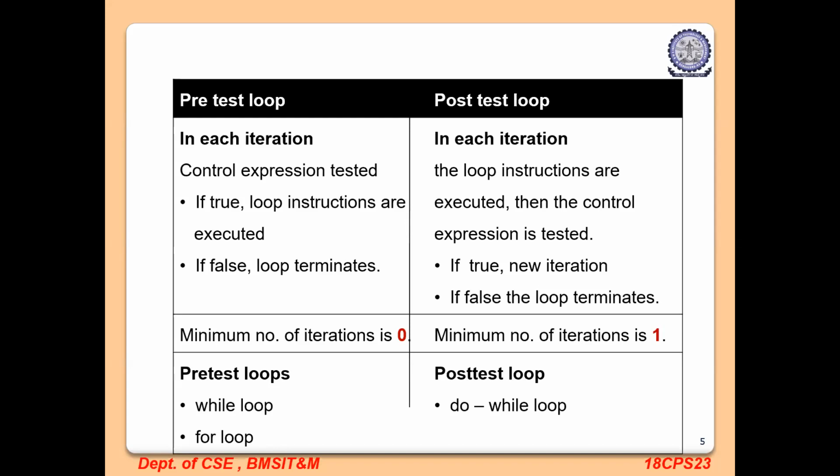If the control expression evaluates to false the first time, then it will not execute the statements even once. That is why we say the minimum number of iterations that a pre-test loop performs is 0. Examples of pre-test loops are while and for, whereas the post-test loop is do while.